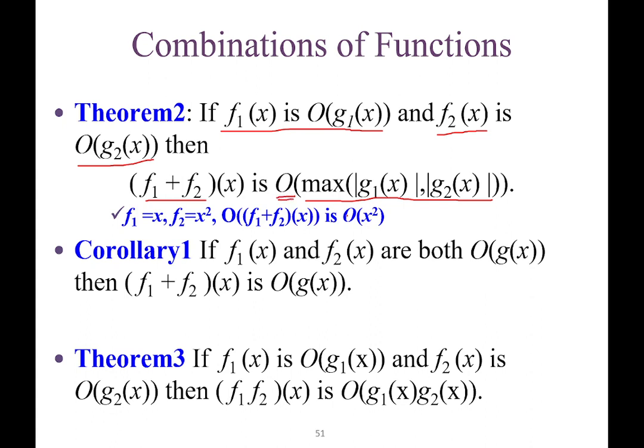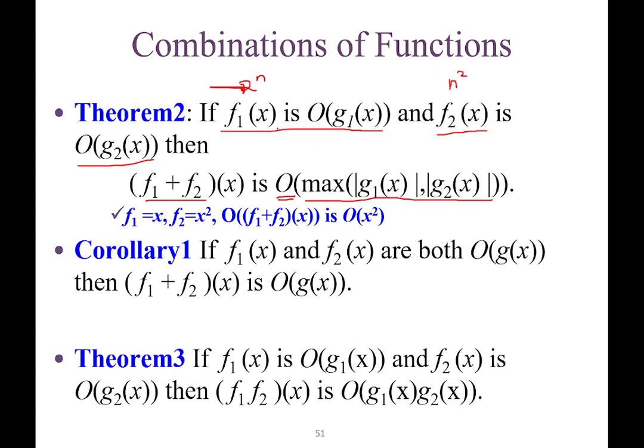Okay, so I think this is very intuitive, right? Because if we have f1 as exponential function 2 to the power of n, and f2 is polynomial function n squared.